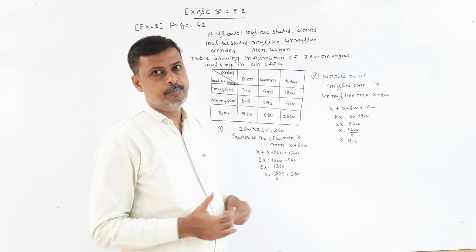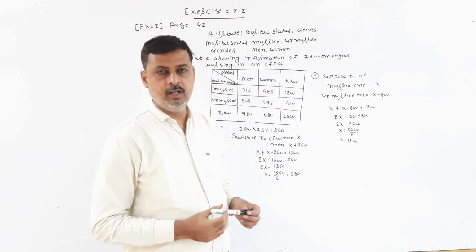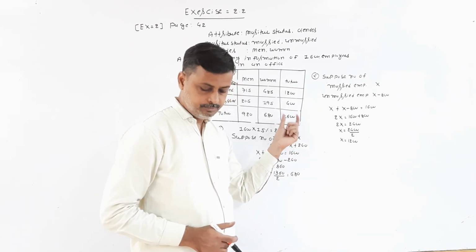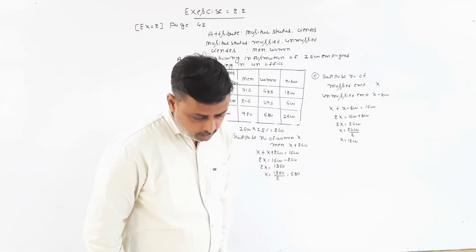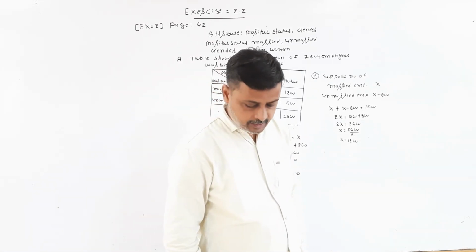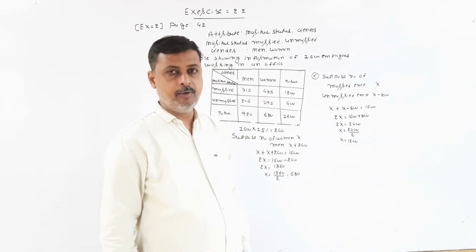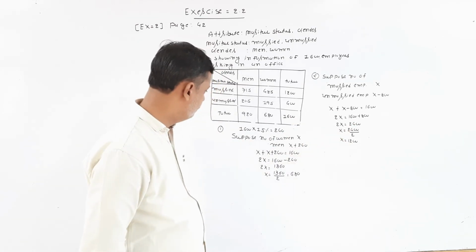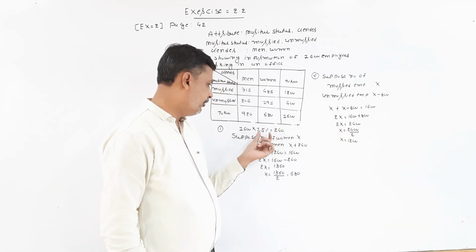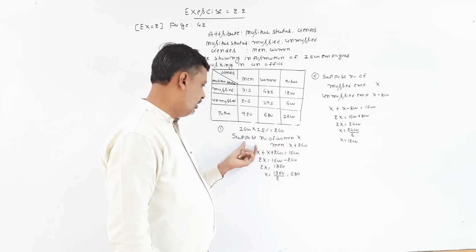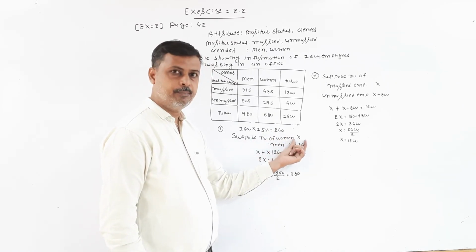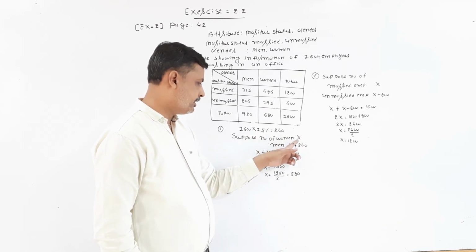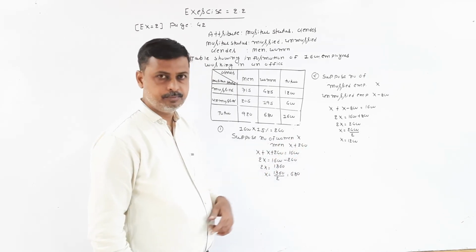So again I repeat. 1600 employees are working in an office. Then the number of men exceeded the number of women by 15%. 1600, 15% is 240. Suppose the number of women is x and men is 15% more. So the number of women is x, men is x plus 240.